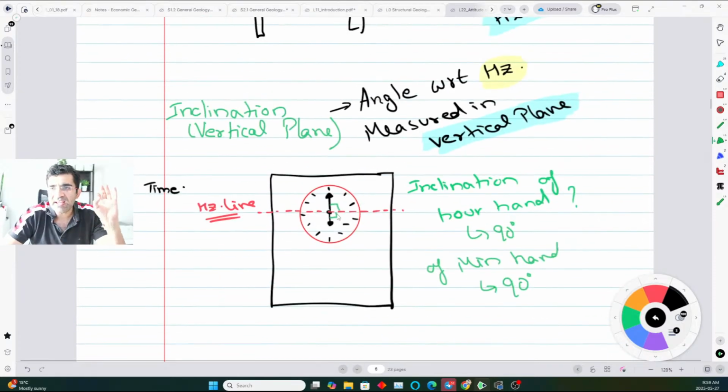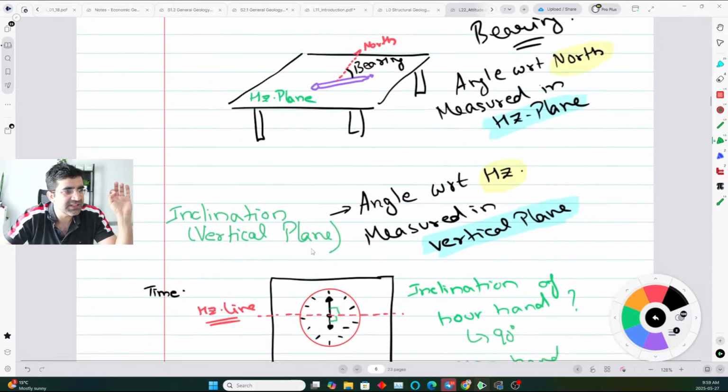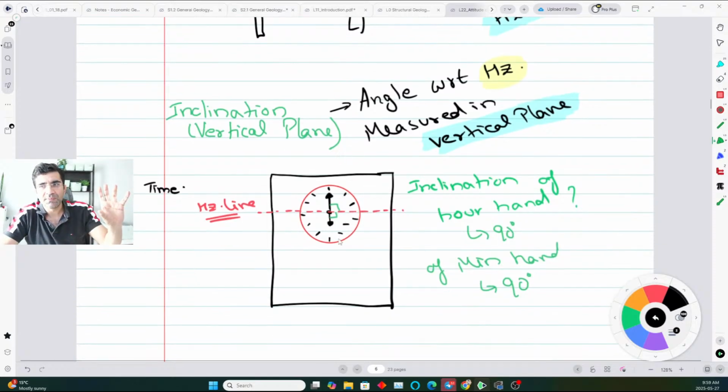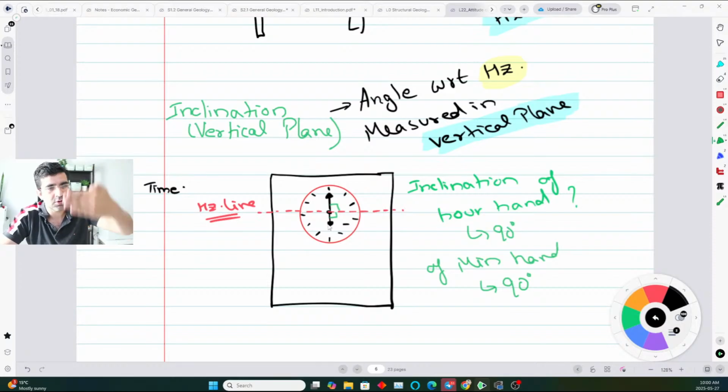And why did I give the example of a table and a clock? Because a tabletop is horizontal, while a clock is on the wall, and the wall is vertical, so the clock is also vertical. In this plane, it does not matter which is north or south, because in a vertical plane you will measure up and down.